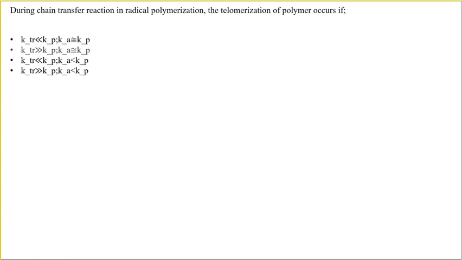During chain transfer reaction and radical polymerization, the telomerization of polymer occurs. First of all, we need to understand the different terms being used here: chain transfer reaction, radical polymerization, and telomerization. Chain transfer occurs when the activity of one chain is given to the other chain.